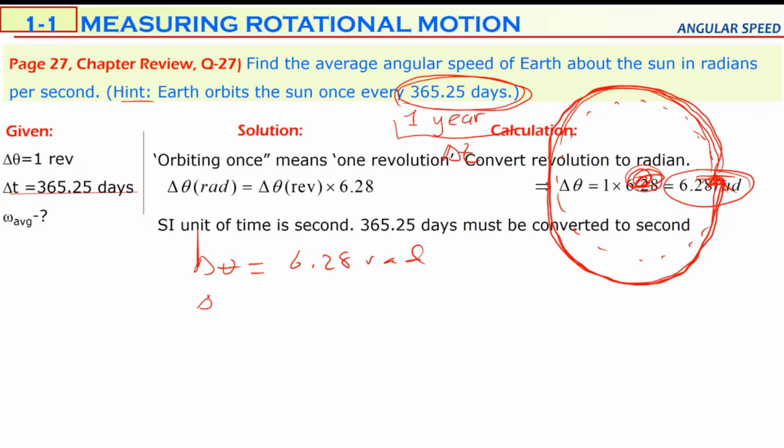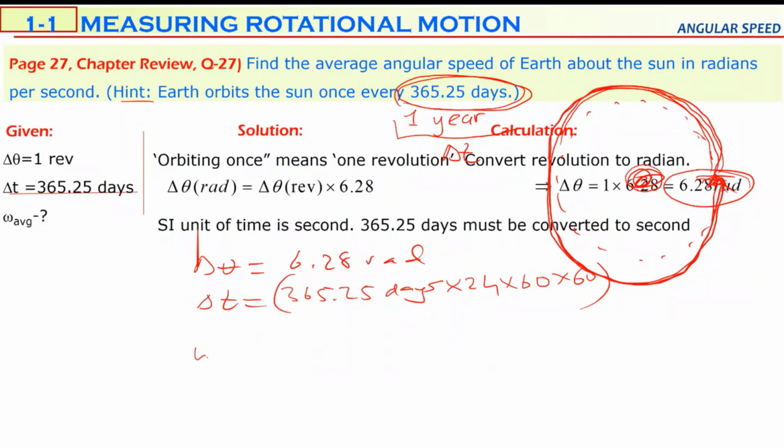What about the time for this one revolution? It is 365.25 days. You should convert this to seconds. How? Every 1 day is 24 hours, every hour is 60 minutes, every minute is 60 seconds. You should multiply by these to convert the time interval to seconds.